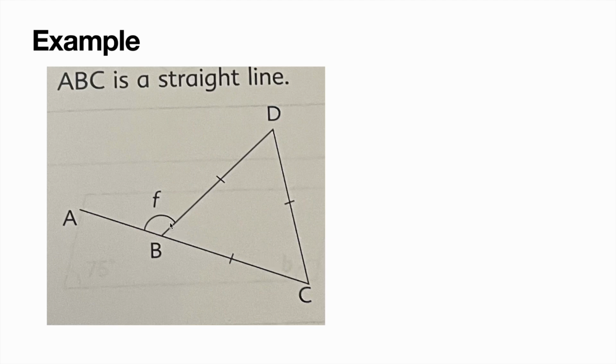From there, we can calculate this angle F. So angle F will be the summation of angle BDC and angle DCB. This is the exterior angle theorem. And we also know that those two angles are 60 degrees because this triangle is equilateral. So 60 plus 60, which is 120 degrees.